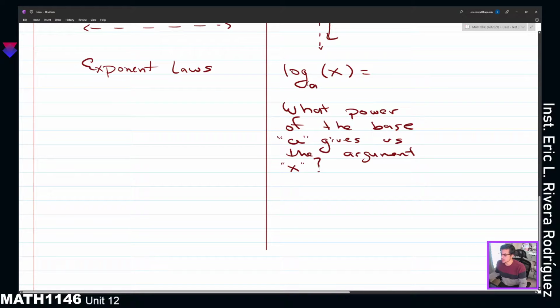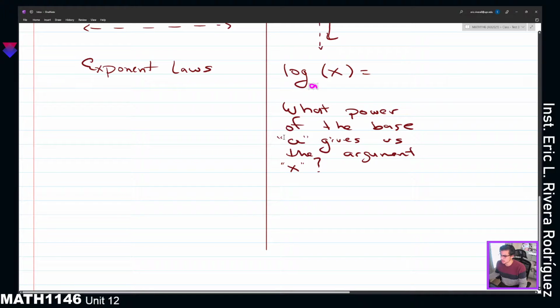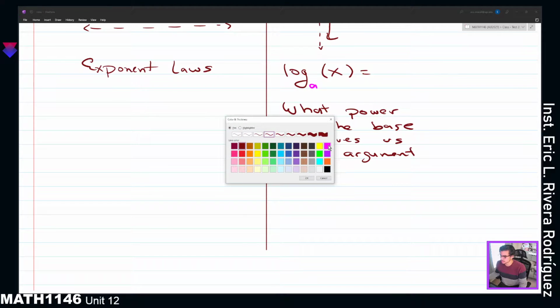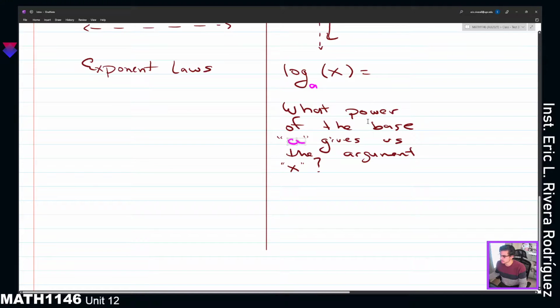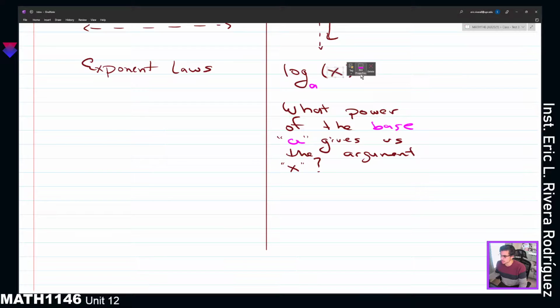Okay, so let me change a few colors here. So the base a and the argument.